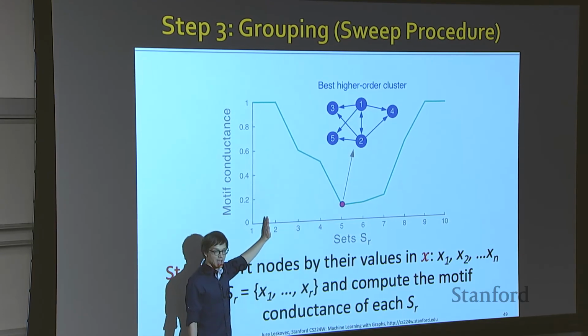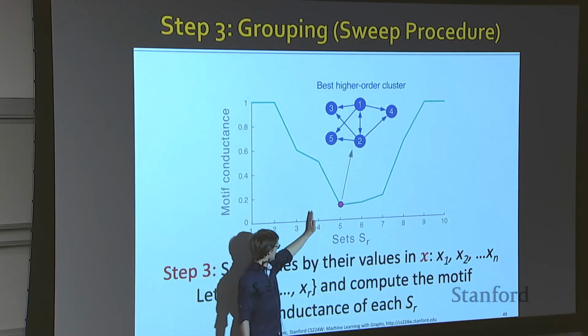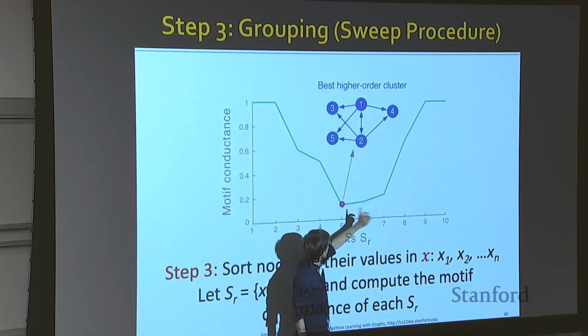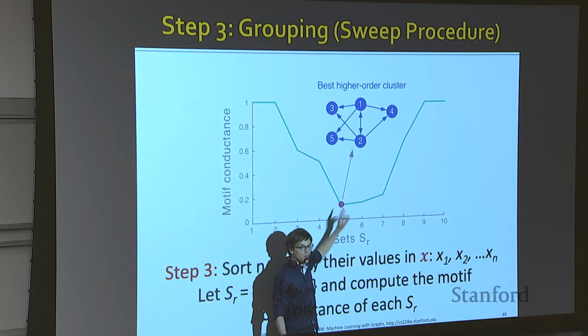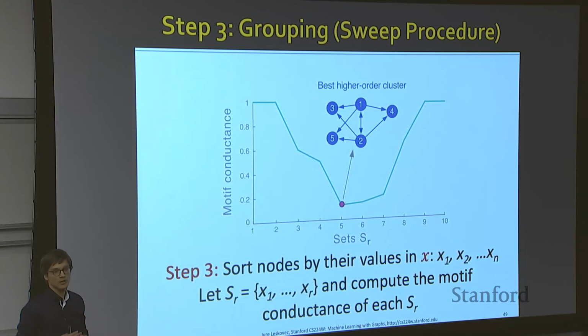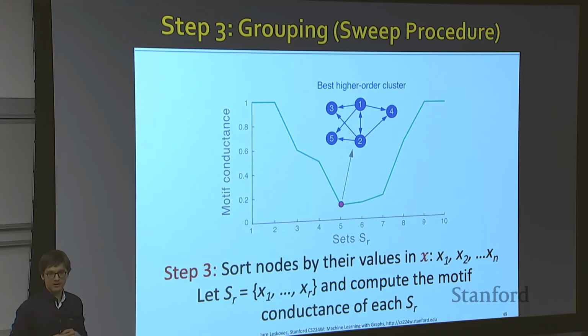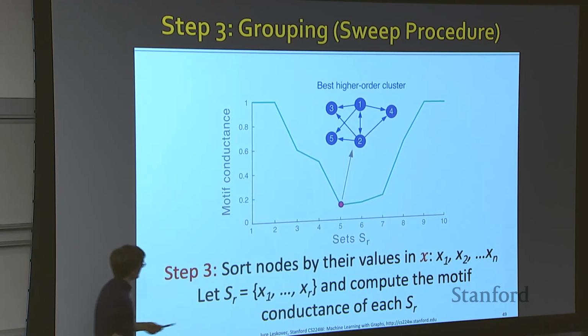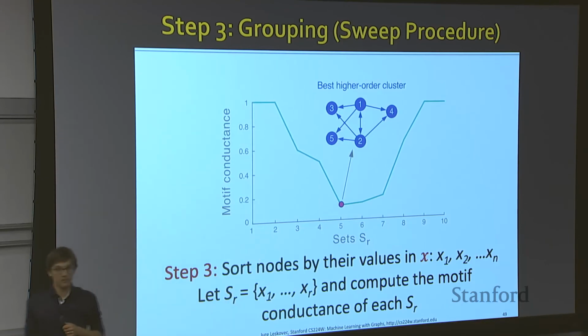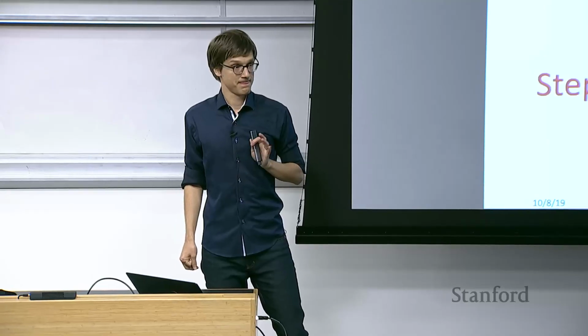If we take the largest element, the 2 largest, the 3 largest, 4 largest, 5 largest, and wherever it reaches the global minimum, that's the best partitioning into 2 clusters according to the second eigenvector X. Okay? So this is a bit different than what we were doing before. Yes, go ahead.